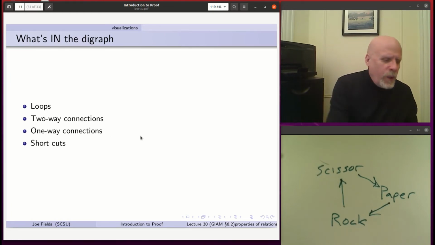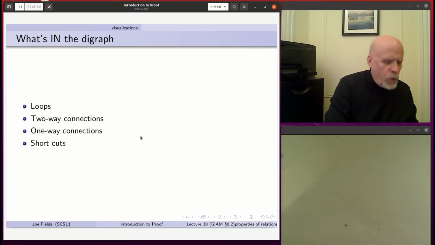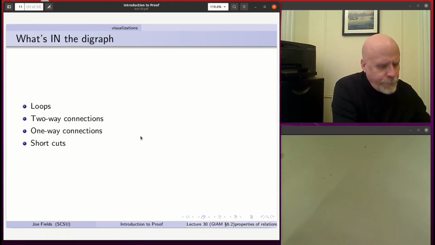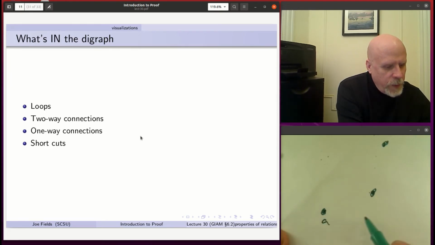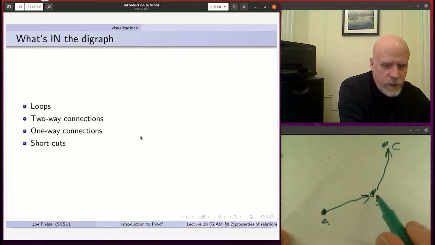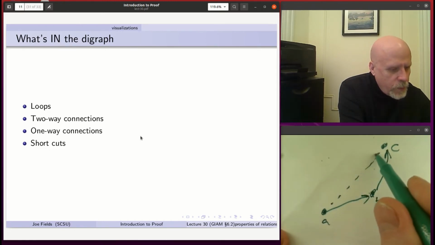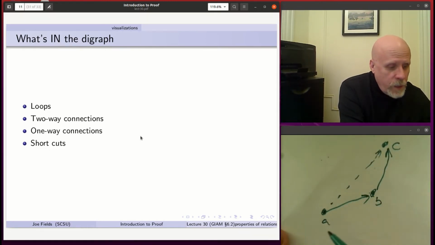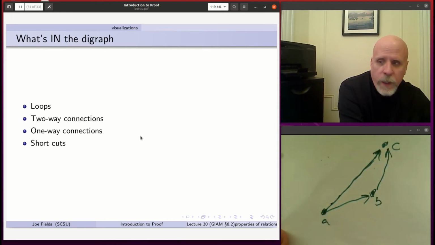Okay, so for the transitive rule, this is what you see as shortcuts. The base case is something like this. You may have three things, A, B, and C. If there's a way to get from A to C via some waypoint like B, then there needs to be one that goes the straight route. That is, when there's a long way around, there's got to be a short way, a direct way.